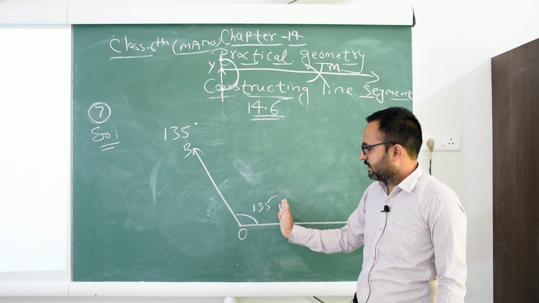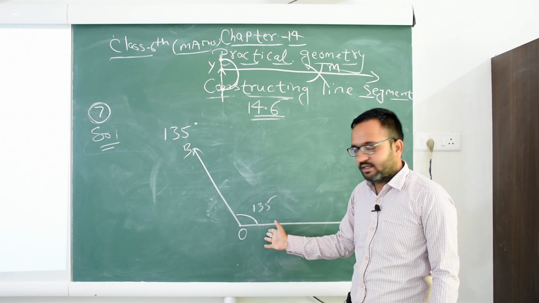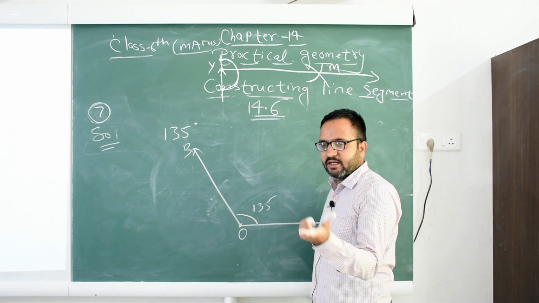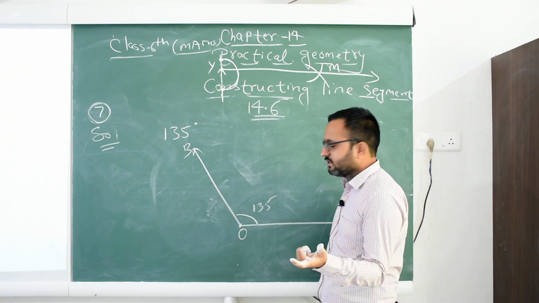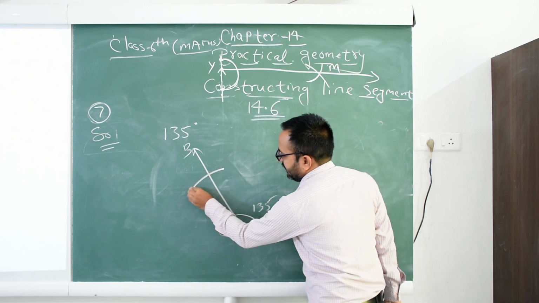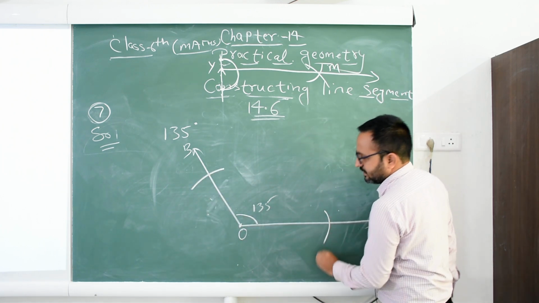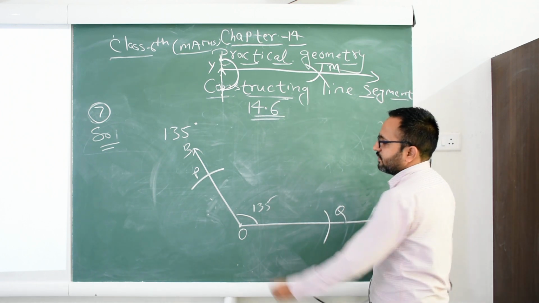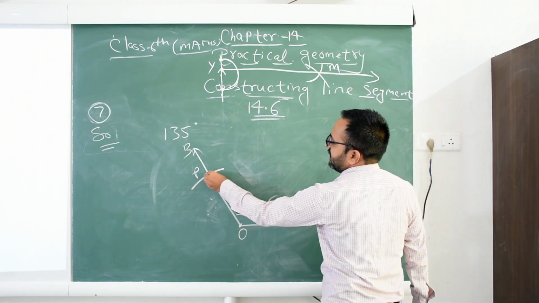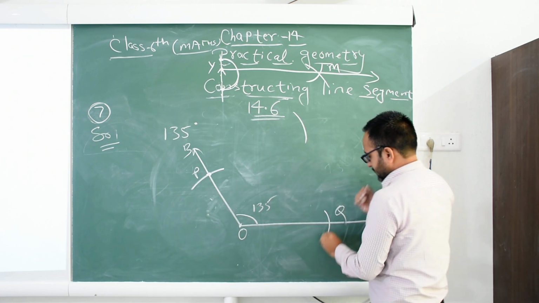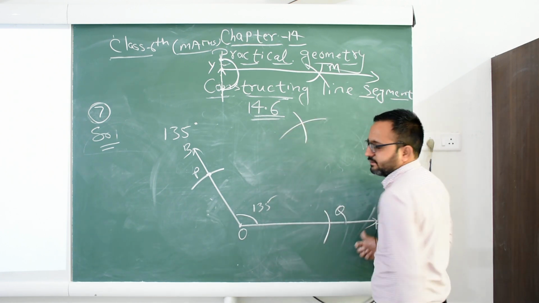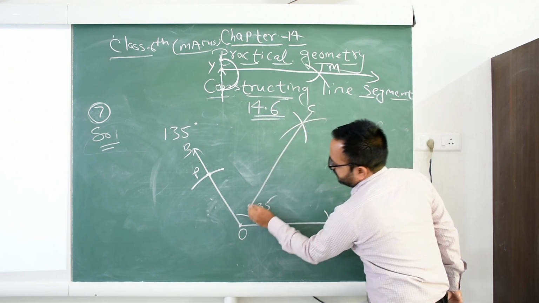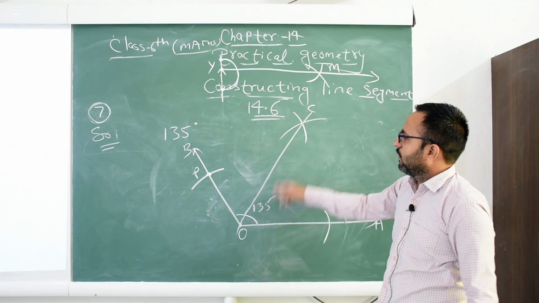If you want to construct a bisector, O is the center, take a sufficient length of radius, cut an arc here and here, and give the points P and Q. Now P as a center, cut an arc here, and Q as a center, cut an arc here, and give it point C. Now join OC.